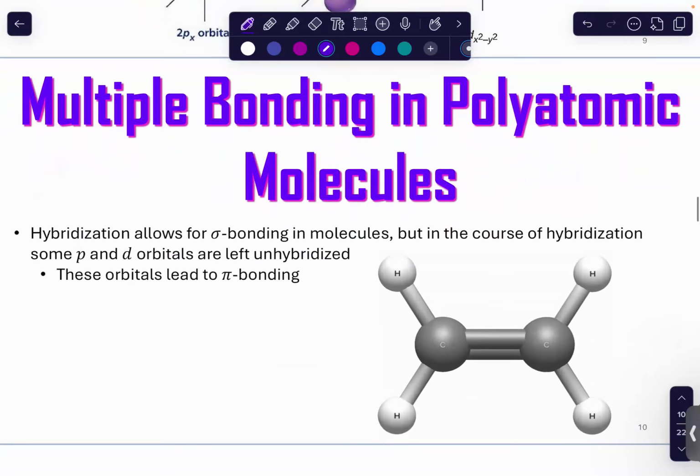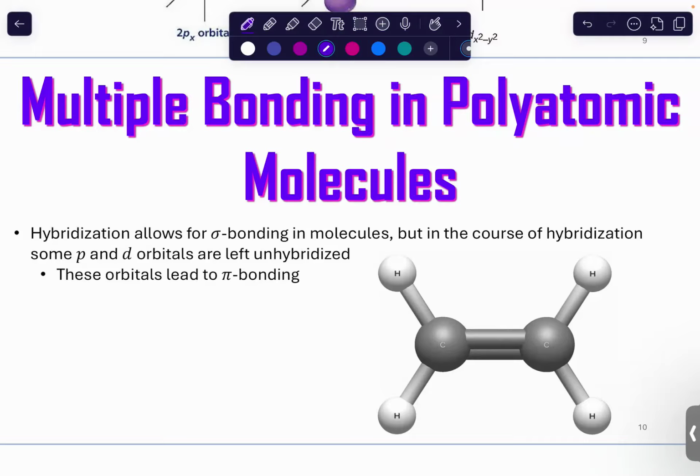Now the fun begins. Multiple bonding and polyatomic molecules. So I just figured we'd start with something we've seen before, ethylene. Let's do our basic analysis the way we did in Gen Chem.